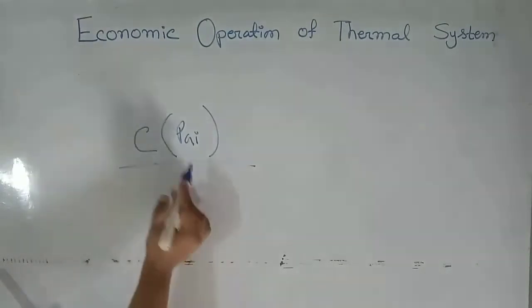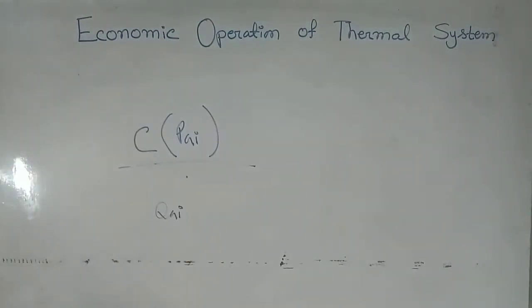Economic operation is only possible when an objective function, here the total cost of input for supplying the net load, will be minimized subject to specified constraints. In order to achieve minimum value of the objective function, we use the Lagrangian function, which is the conventional way to solve this problem.